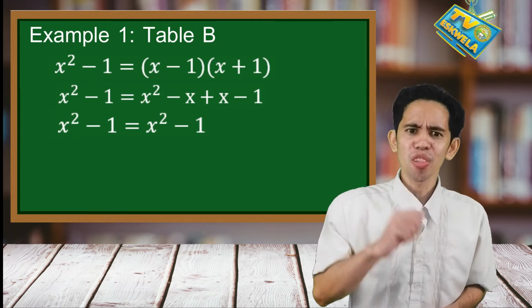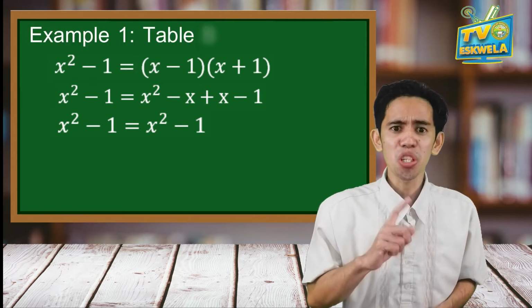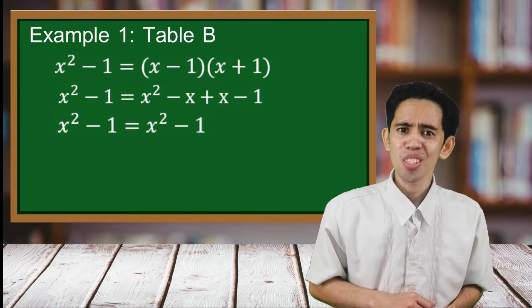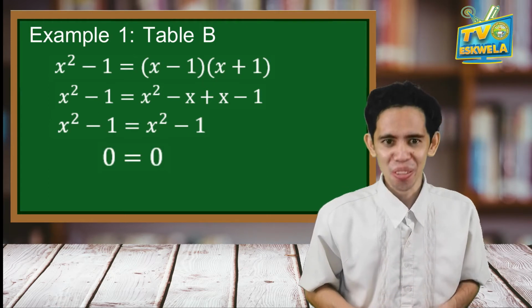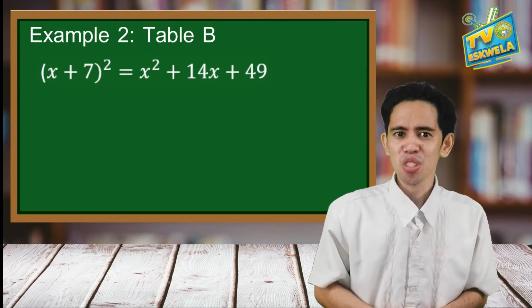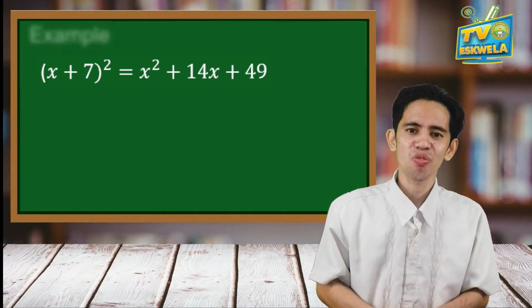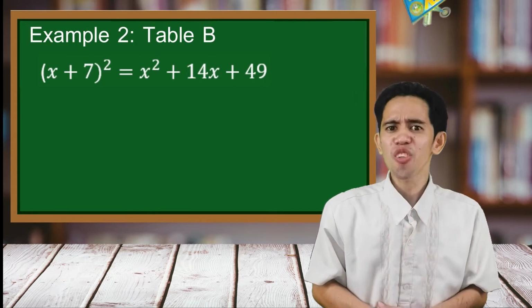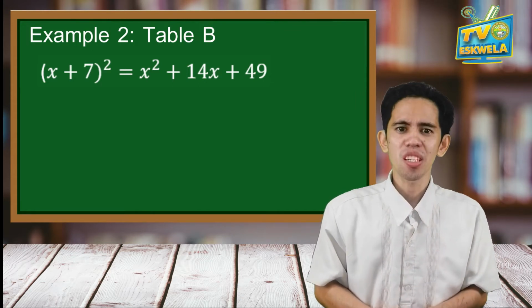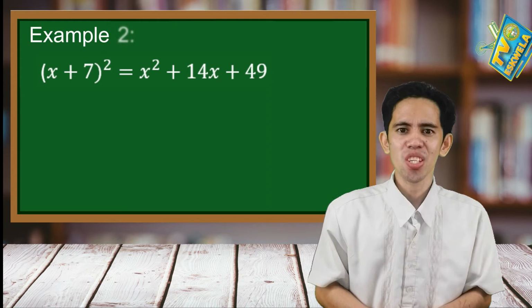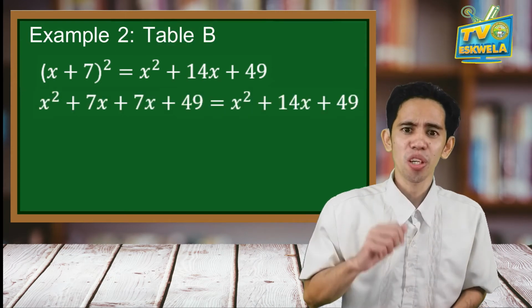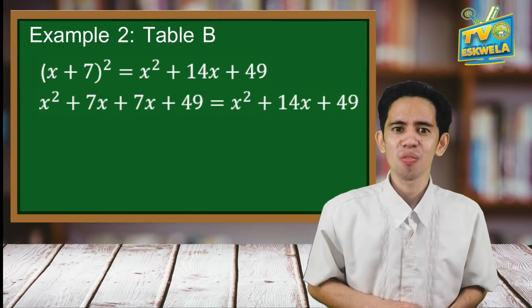If you continue simplifying that equation, you will end up with 0 is equal to 0. For quantity x plus 7 squared is equal to x squared plus 14x plus 49, expand the left part of the equation, which is quantity x plus 7 squared, and that is x squared plus 14x plus 49.